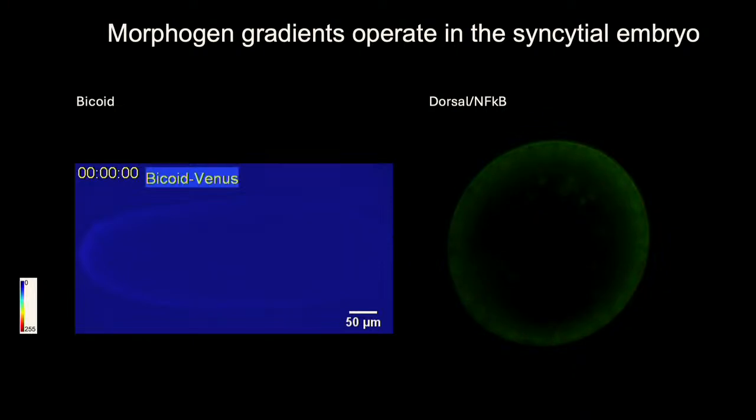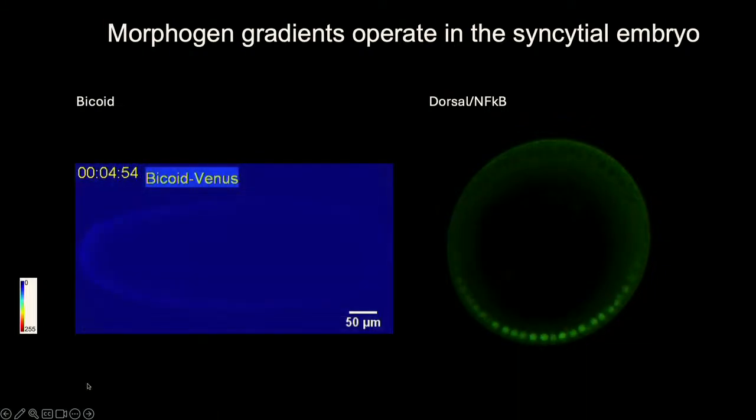So here you can see this is already playing, and in this case very soon you will start looking at nuclei which are lighting up in the anterior region of the embryo. So there you go. You see the lighting up and then it disappears.